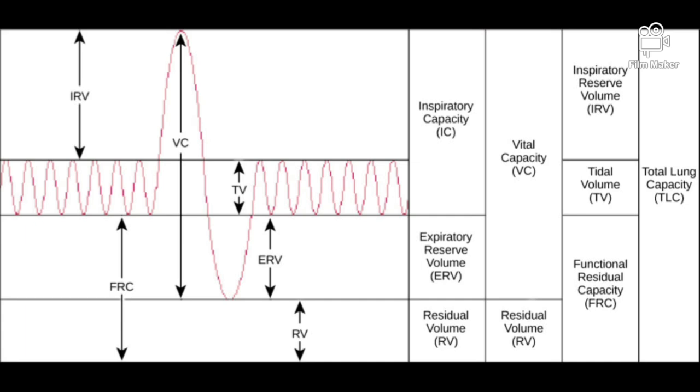The first volume is called the tidal volume, which is denoted as TV in this picture. The next volume of interest is IRV, which is shown at the upper peak, the biggest peak in this picture above the black line. It is nothing but the inspiratory reserve volume. The next volume is the expiratory reserve volume.